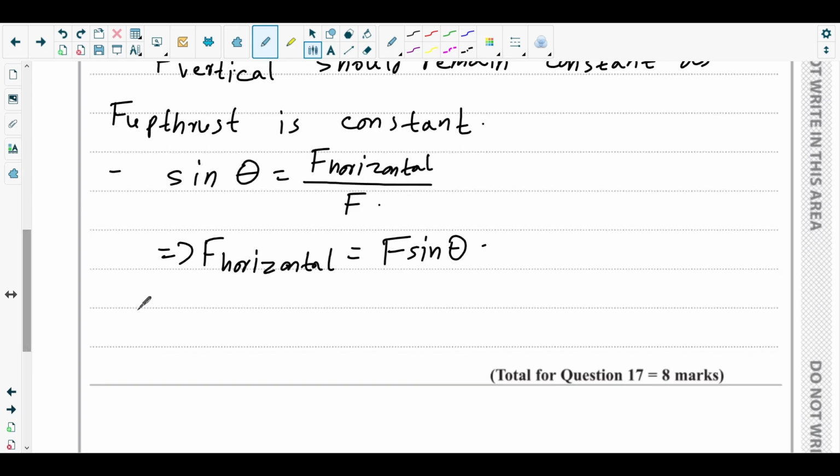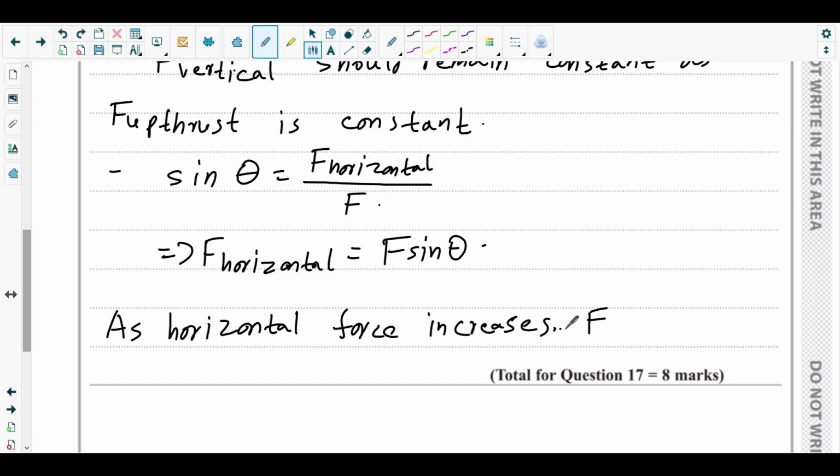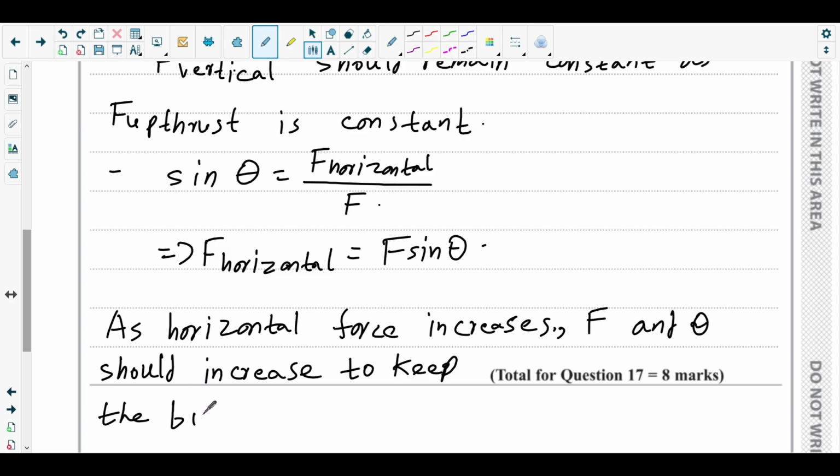As the horizontal force increases, F and theta should increase to keep the buoy in equilibrium.